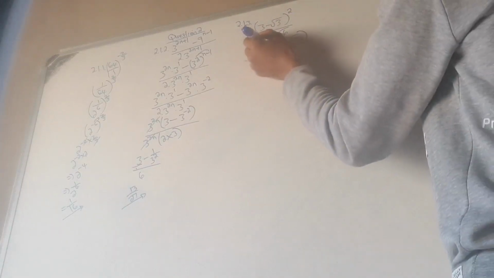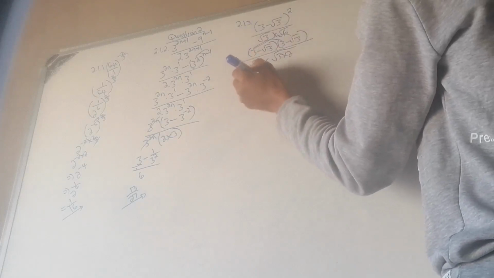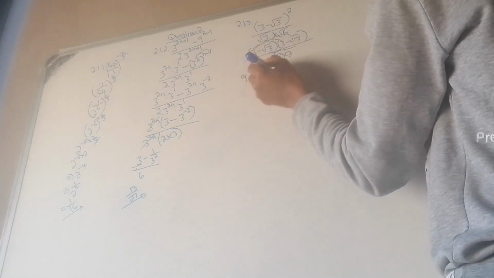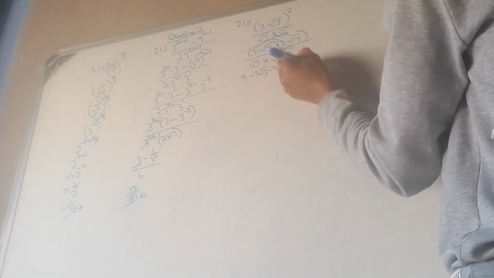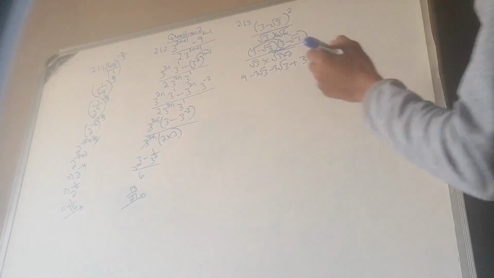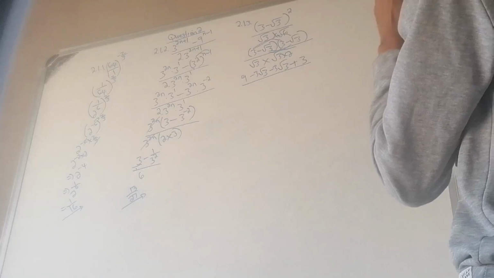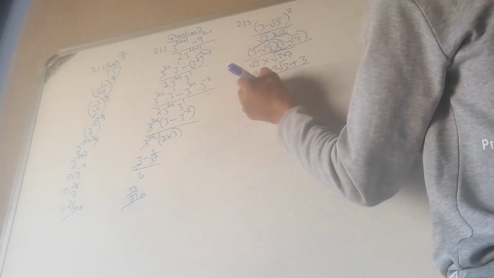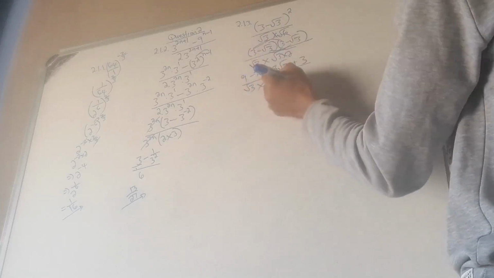I will remove the brackets by multiplication: 9 minus 3 root 3 minus 3 root 3 plus 3, because root 3 times root 3 is 3. Divide by root 3 times root 3 times root 2. This is the same as this.